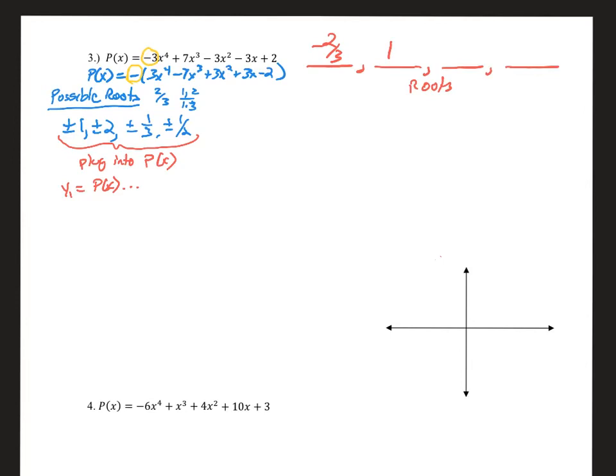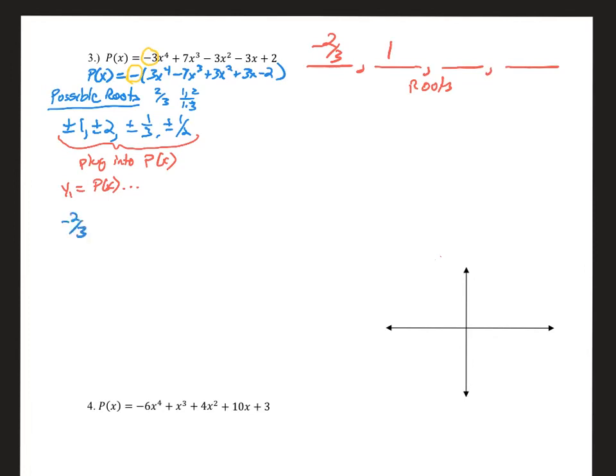So we are going to do synthetic division using negative 2/3 and 1. Then we'll be left with a quadratic, and that quadratic will hold those other 2 roots. It doesn't matter what order you do the synthetic division in.